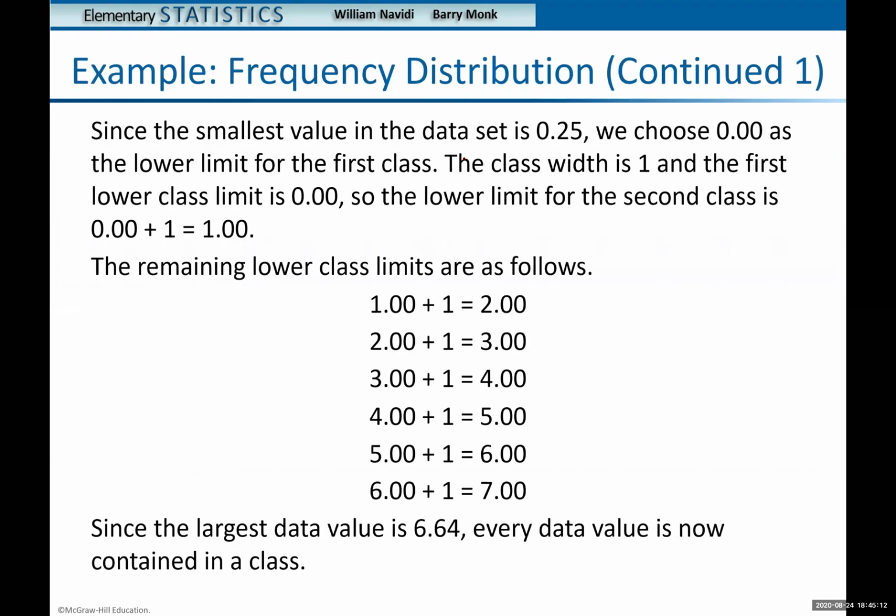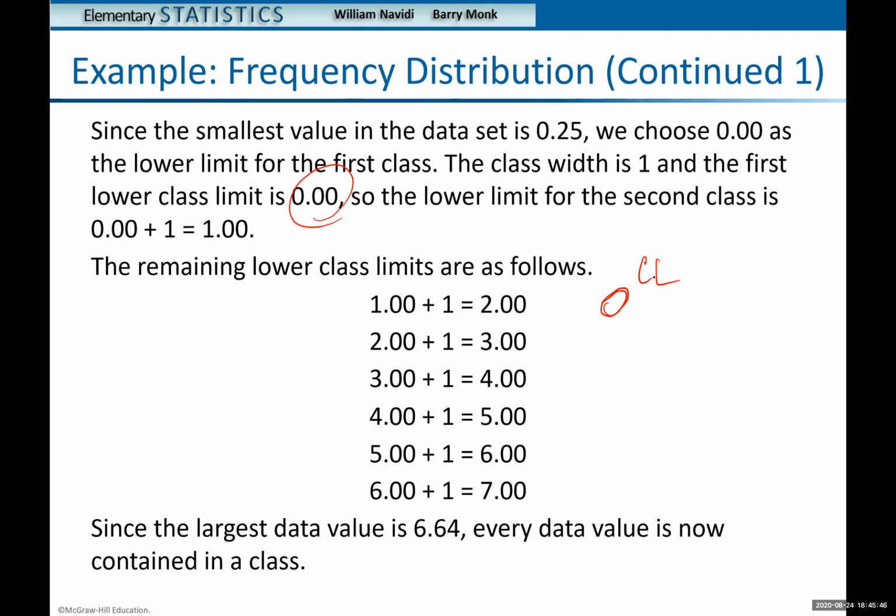So when you do that, it's easier to choose 0, slightly less than your lowest. Your lowest is 0.25, so slightly less than that is 0. So that's why for the class limit, or CL, you will start with 0, because even though your lowest is 0.25, it's going to be easier to use 0. If you want to use 0.5, that's also fine. It's up to you, but it's going to be easier if it's 0.